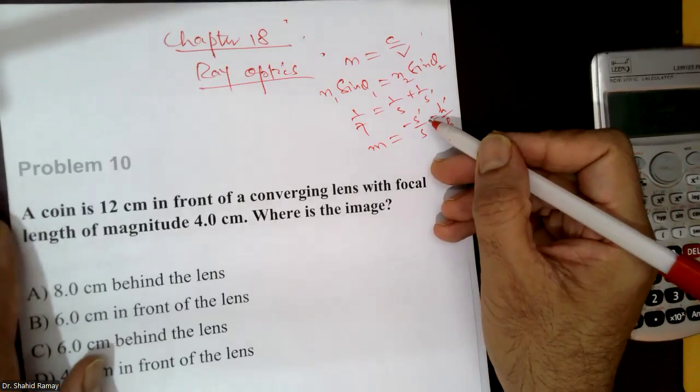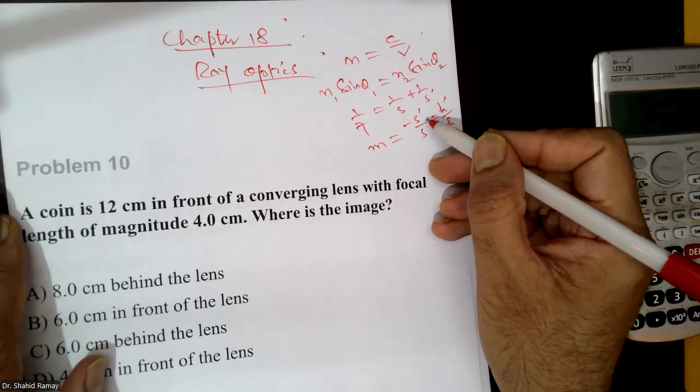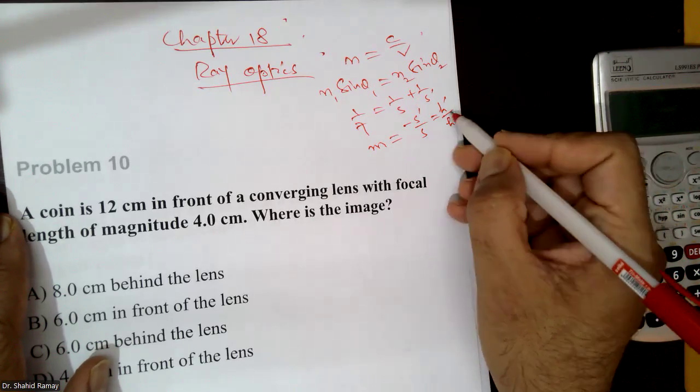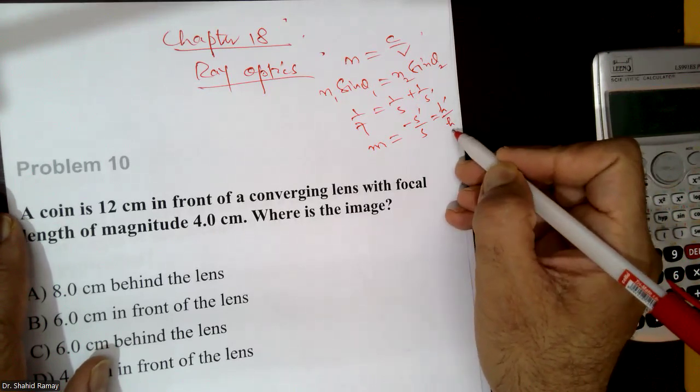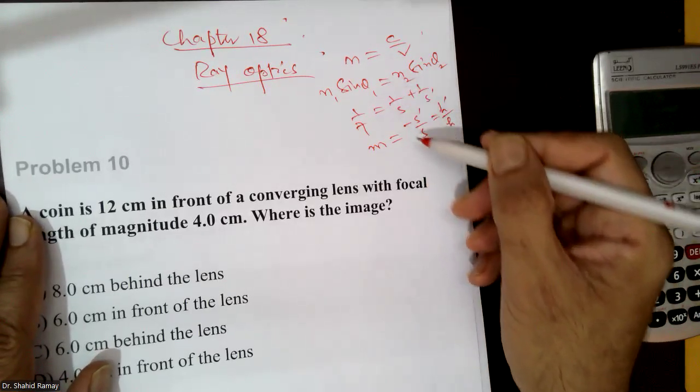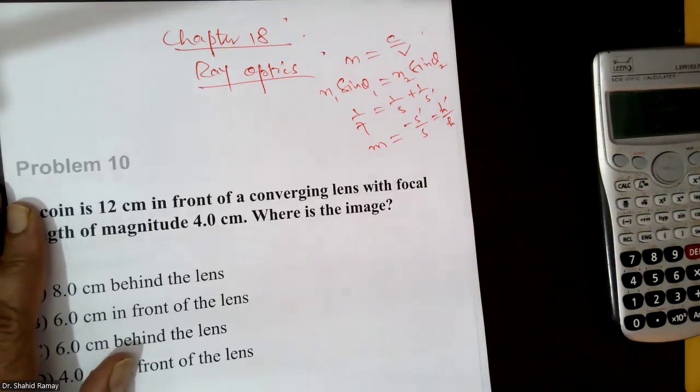So s dash is the distance of the image from the optical center, s is the distance of the object from the optical center, h dash is the height of the image, and h is the height of the object. So normally we are using these formulas to solve these problems.